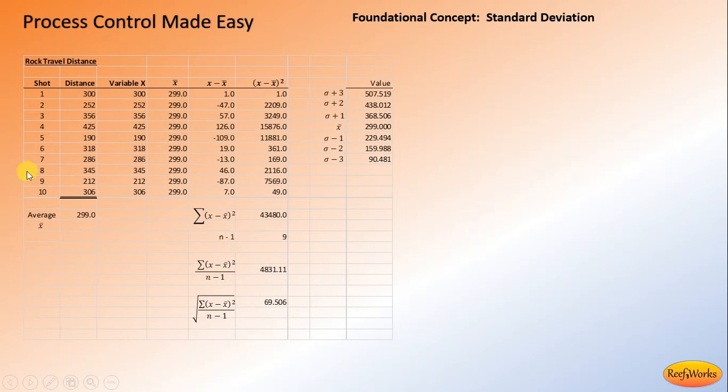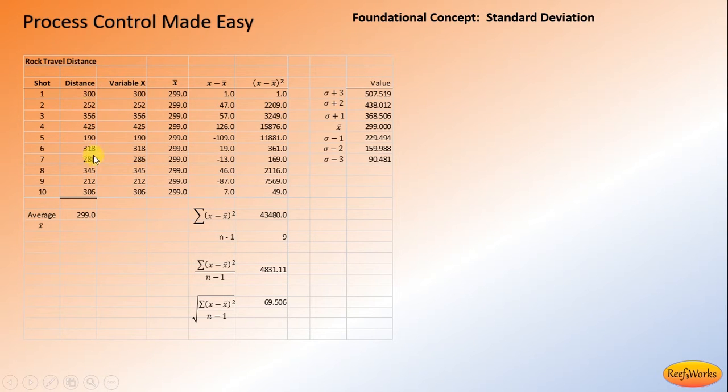And then our next step is to take that sum of X minus X bar squared and divide it by N minus 1. So we're going to take the 43,480 and divide it by 9, and that ends up with 4831.11.